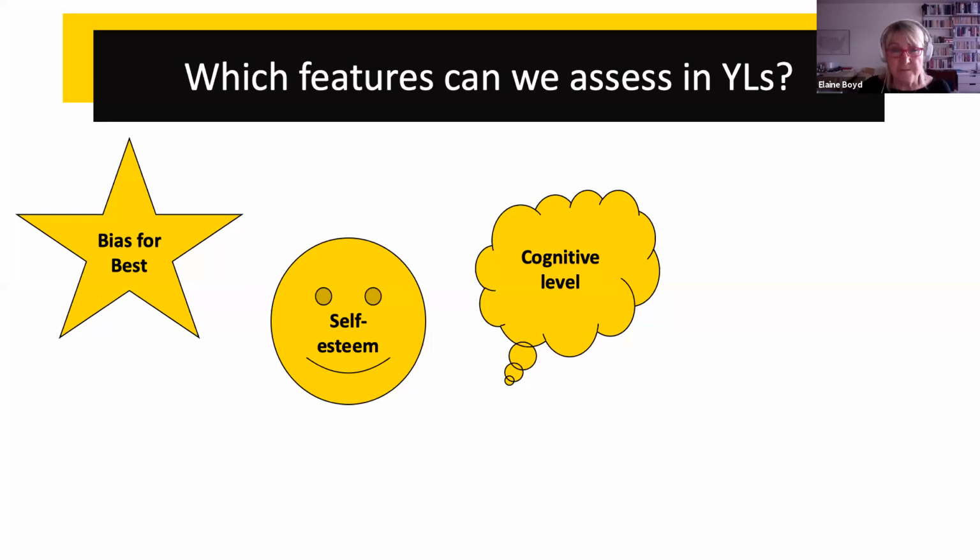And then I've also mentioned we have to think about their cognitive level. What can they cope with? Do they really understand that things have to be absolutely correct in grammar and vocabulary when they're writing?